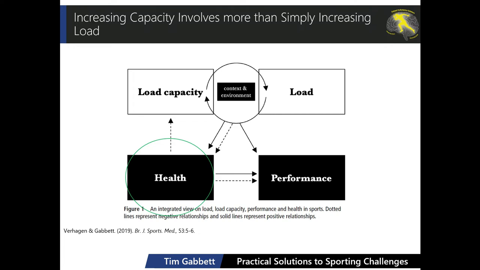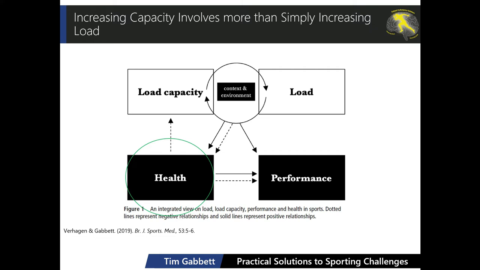Now, it's also important to keep in mind that the load we apply, which is dependent on our athlete's capacity and on their health at any given point in time, is very much context and environment dependent. If you have a really important athlete and you're going into a really important game of the season, the relative importance of each of these factors might change.